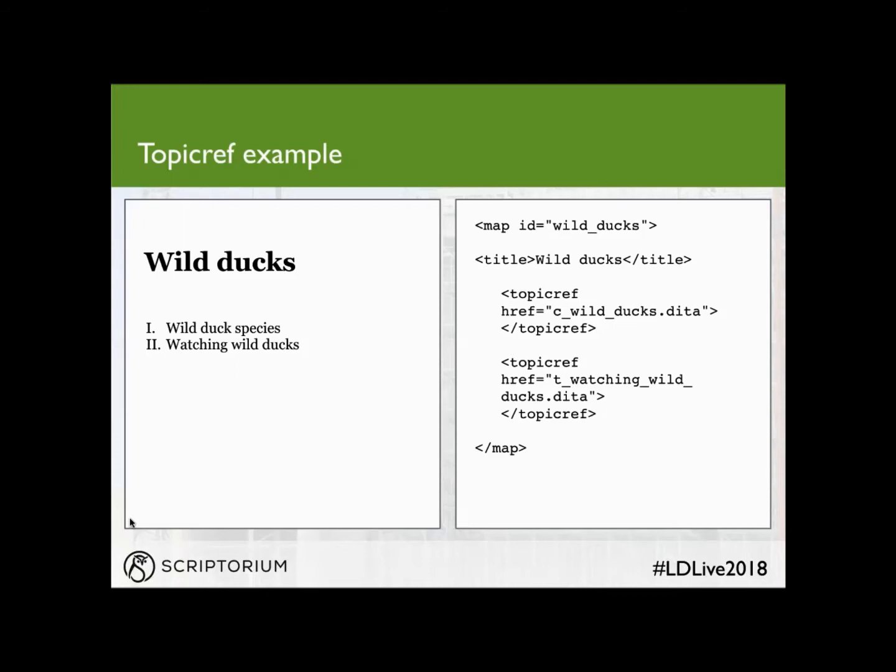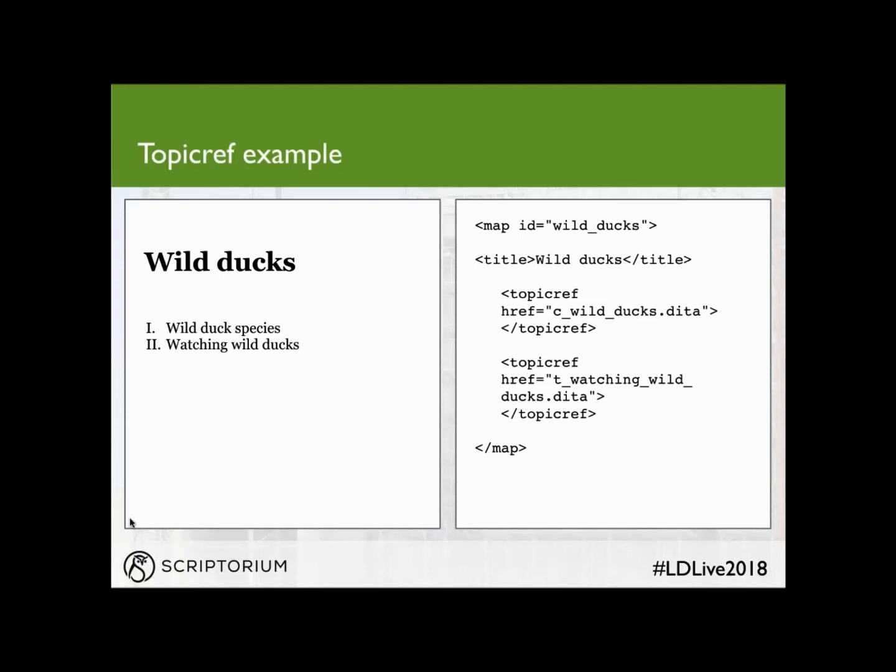And then for each topic that we want to include in this map, we have a topic ref element. Now, these are listed at the same level of hierarchy. If you want to nest topics or have a hierarchy where you've got subtopics, then you would actually include a topic ref inside of a topic ref.